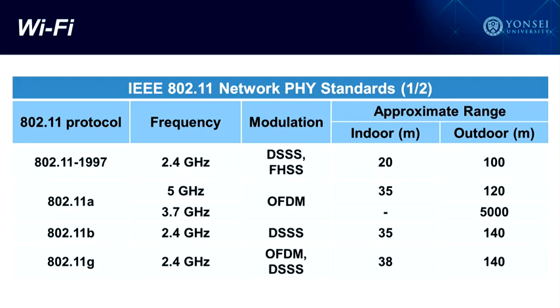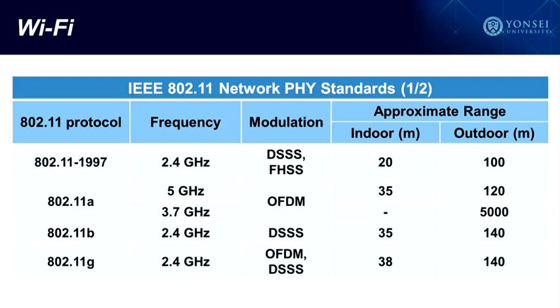Taking a look at these standards, the 1997 version typically had an indoor range of approximately 20 meters, outdoors about 100 meters. With 802.11a, at the 5 gigahertz frequency you could reach up to about 120 meters. At the 3.7 gigahertz range, you could reach much longer distances.